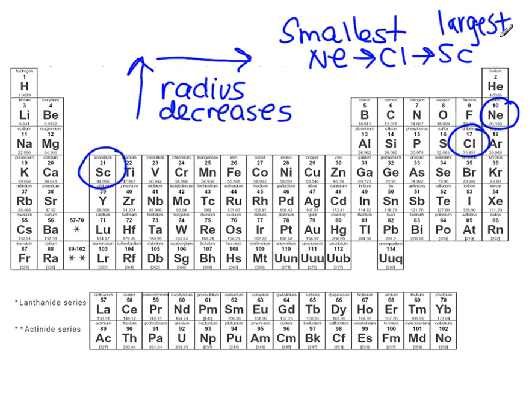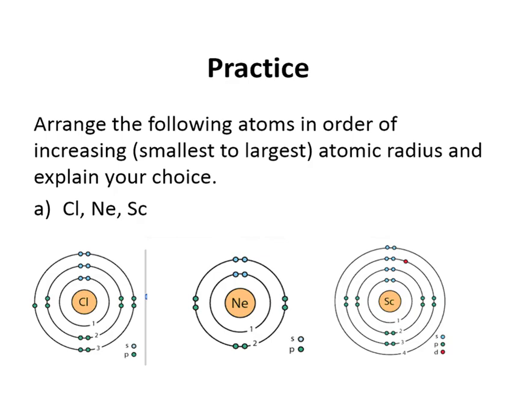All right, let's check out those Bohr-Rutherford diagrams. So I've got 3 here, and I'm going to just reorder again what we've got up here to answer the question for reference. So why is neon the smallest, and why is scandium the largest?